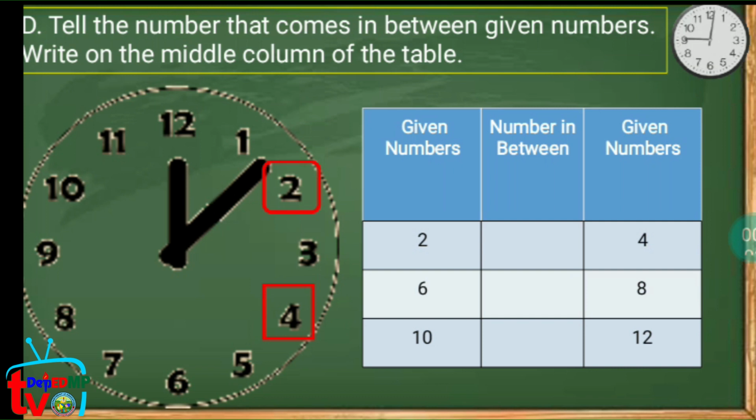Tell the number that comes in between given numbers. Write on the middle column of the table. What comes in between 2 and 4? 6 and 8. 10 and 12.